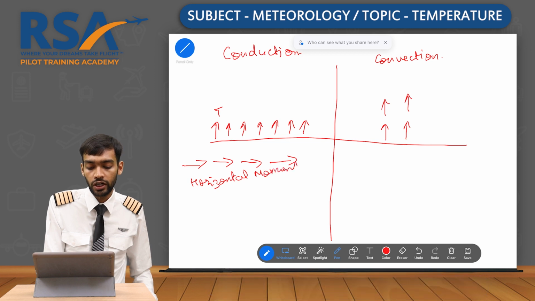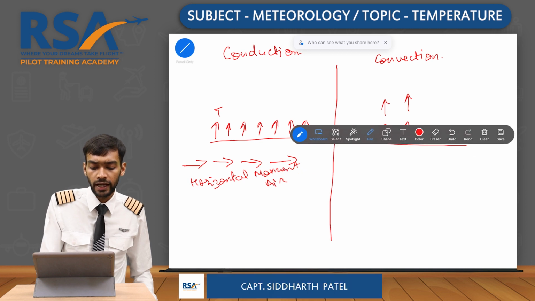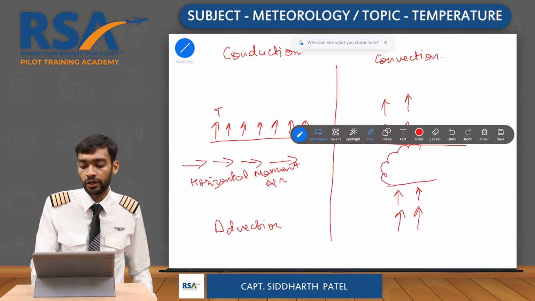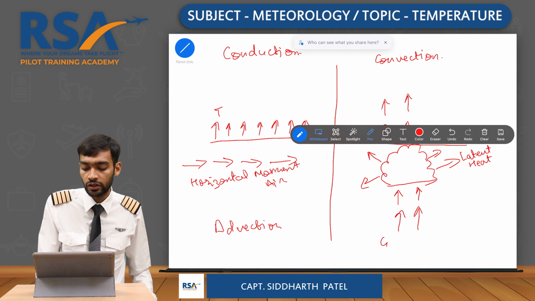So what you are going to do, guys, you will draw this diagram with me into your book and write down over here advection. And when the water vapor starts climbing into the sky, it will start getting colder and cloud formation will happen, and this will release some heat, and that is known as latent heat, and this process is known as the condensation process.